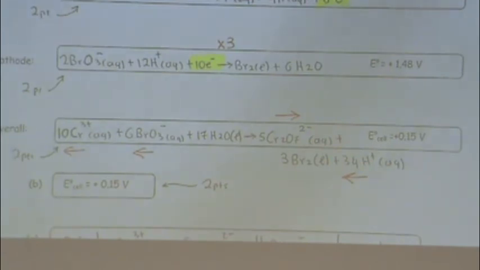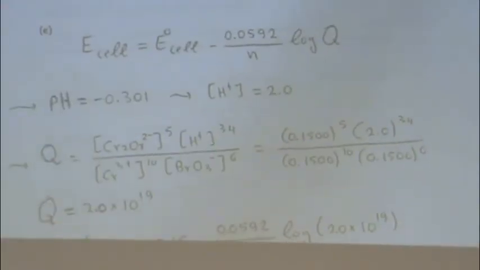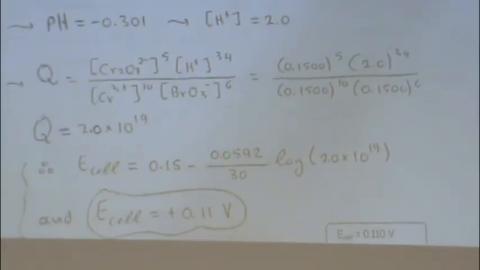You got it? Okay, so now we cannot predict. It could be more positive, could be less positive, could be 0, could be negative, we do not know. Okay? So if you do the calculation, you need to use the Nernst equation, right? The Nernst equation.